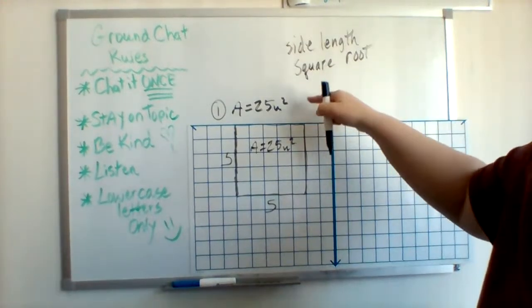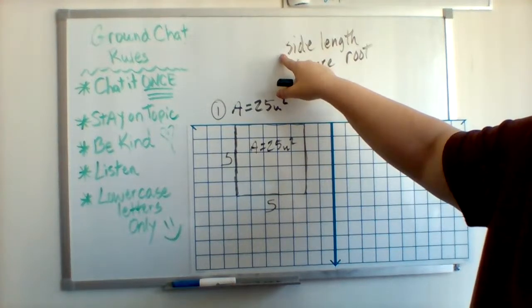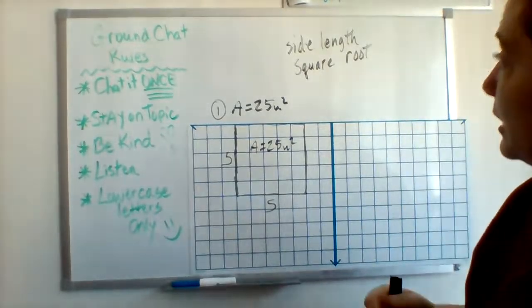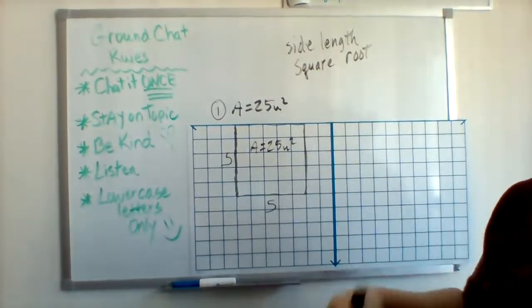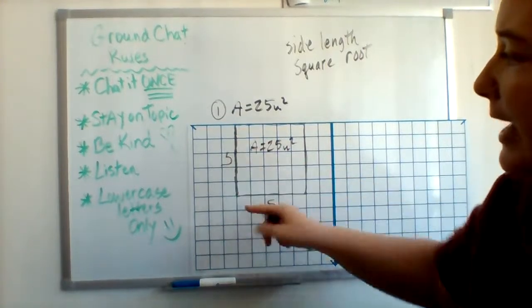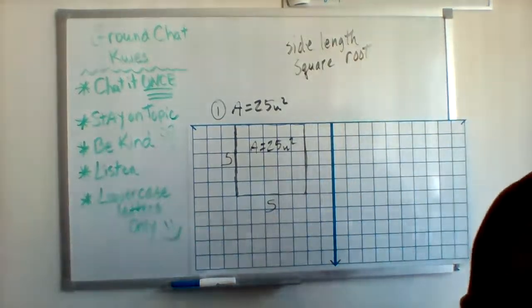So it's not just the square's side length now. It's like if you think about synonyms, they mean the same thing, but they're a different word. So these two are going to refer to the same exact thing. It's going to refer to the measurement of that side length. How long is that side? And both of these are going to mean that.